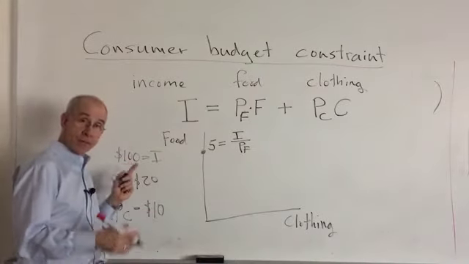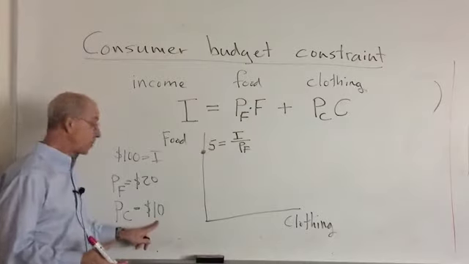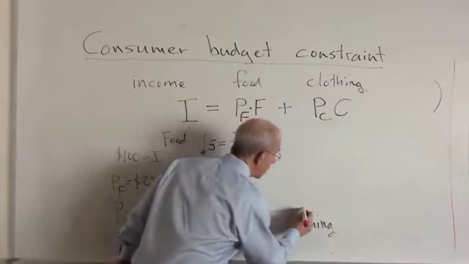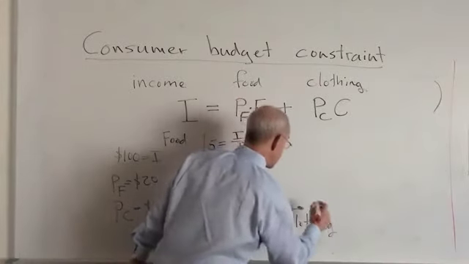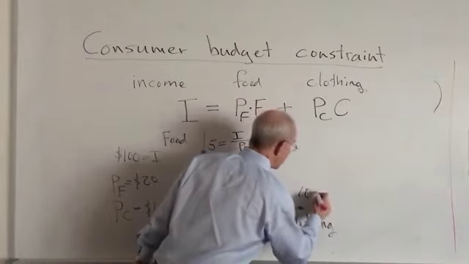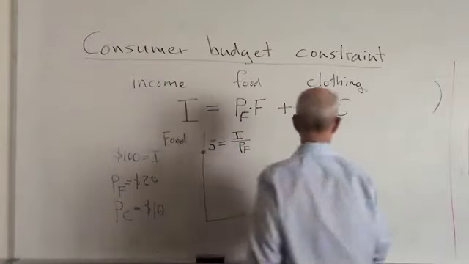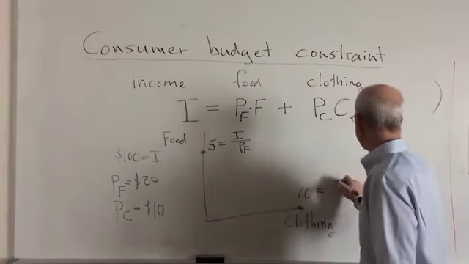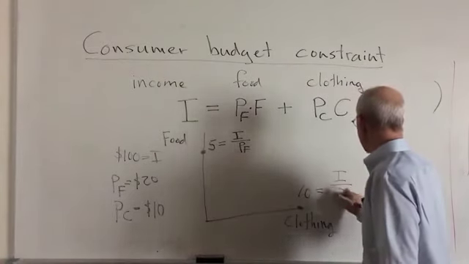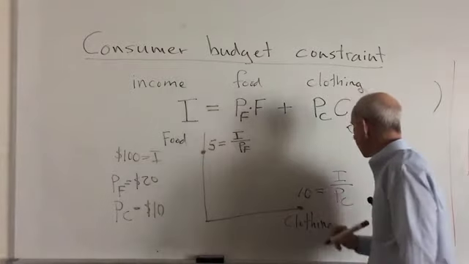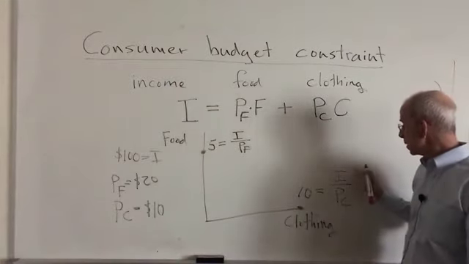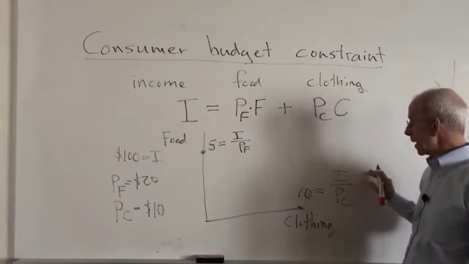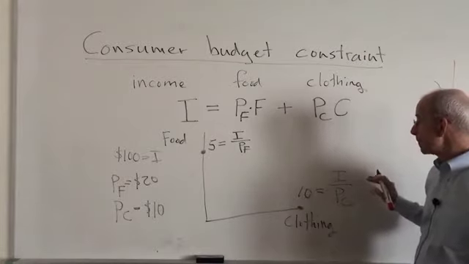If I've got $100 in my pocket, and each unit of clothing costs $10, I can potentially buy 10 units of clothing, which is equal to my income divided by the price of clothing. Again, it's just this algebraic depiction, but I think the concept is actually quite easy.